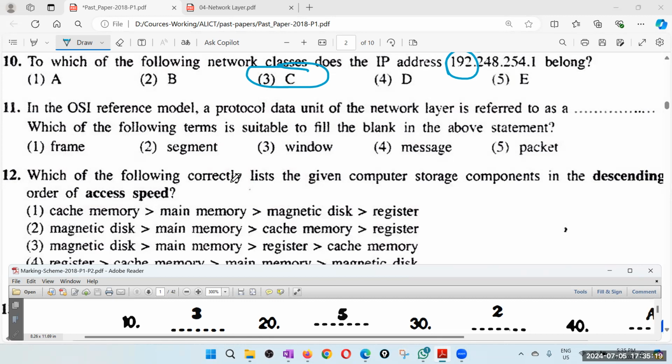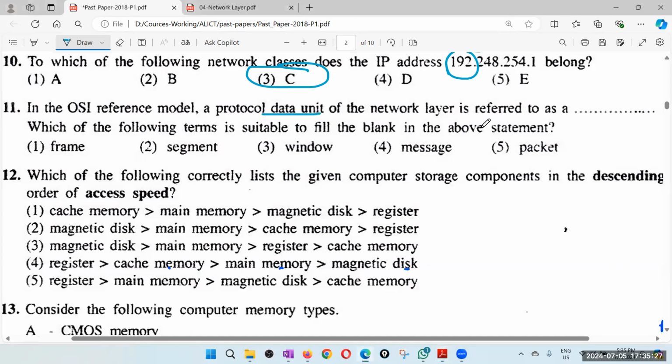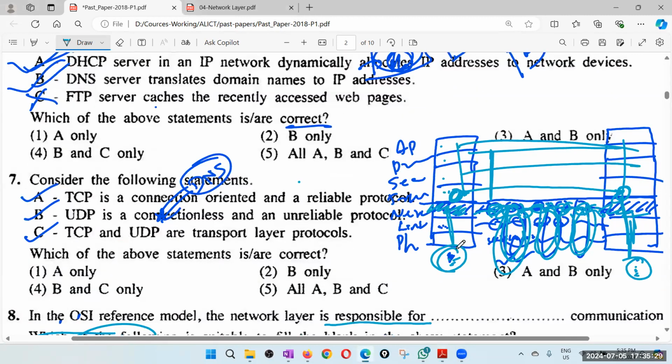Right. 11th question. In the OSI reference model, a protocol data unit. Physical layer protocol data unit is bit. Link layer protocol data unit is a frame. In network layer, protocol data unit is data packet or datagram or IP packet.